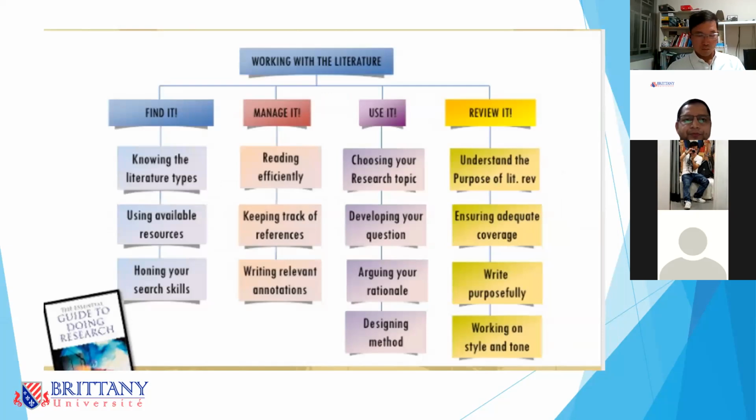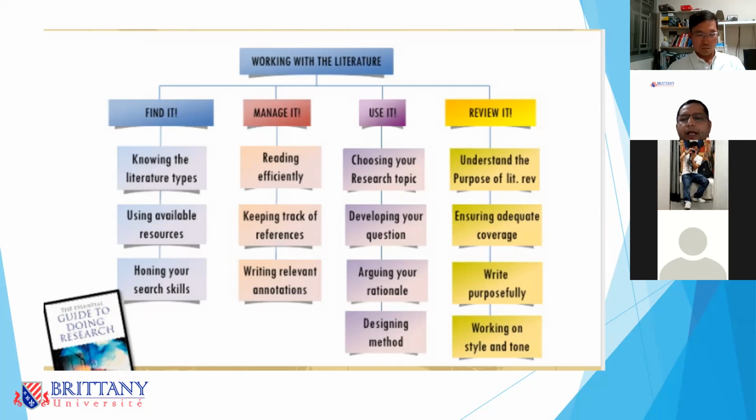Now, to summarize, what is your literature review? Number one is find it. That means knowing the literature type, using available sources and your search skills. Then manage it: read efficiently, keep track of your references, and write relevant annotations.